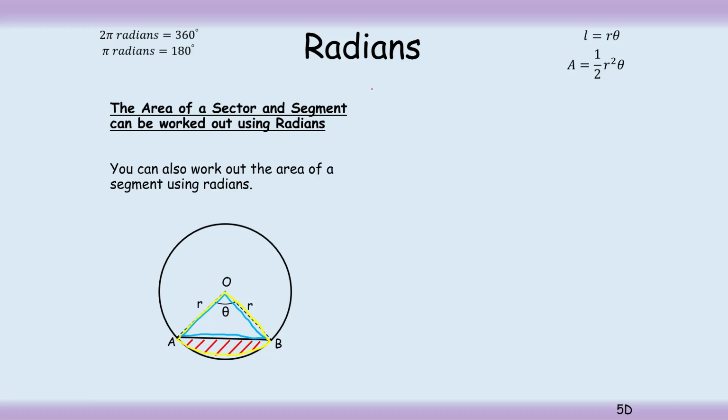So I can say, if I have enough room, the area of the segment is going to be equal to the area of the sector minus the area of the triangle.